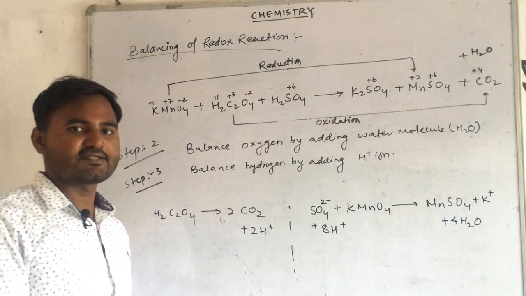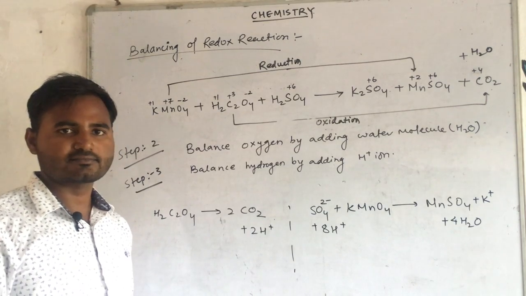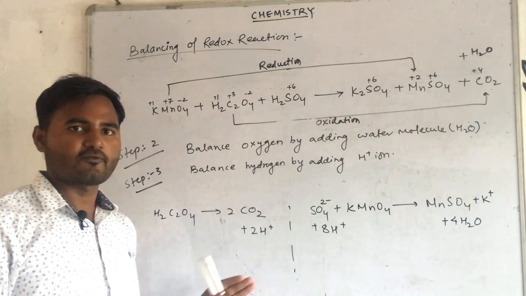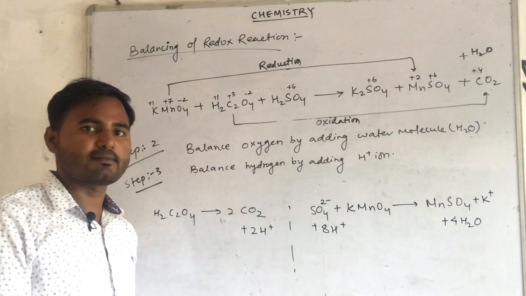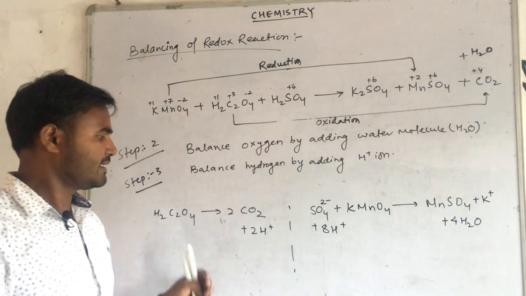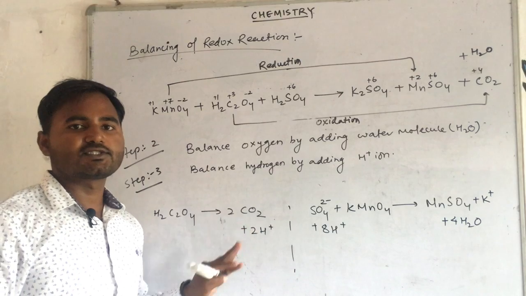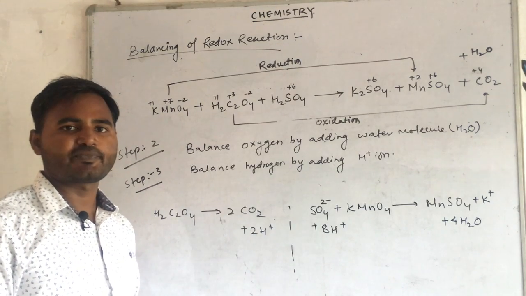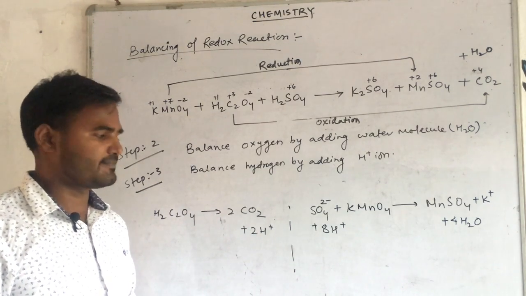And for this we have studied this method. I told you initially why we are going to study a special method for redox reaction, because they involve charge, they involve electron, and we need to balance them.